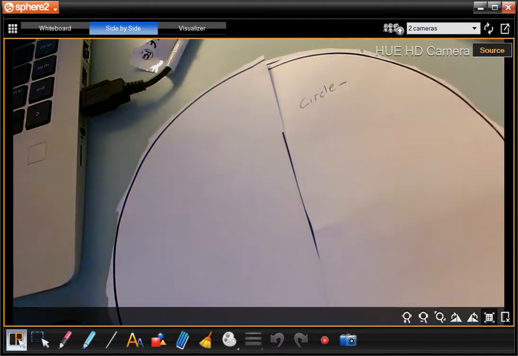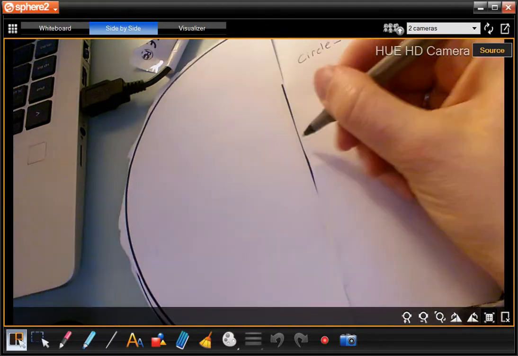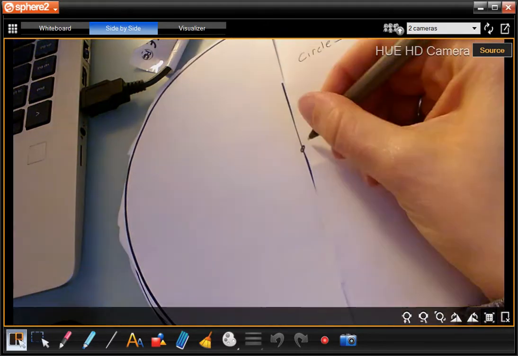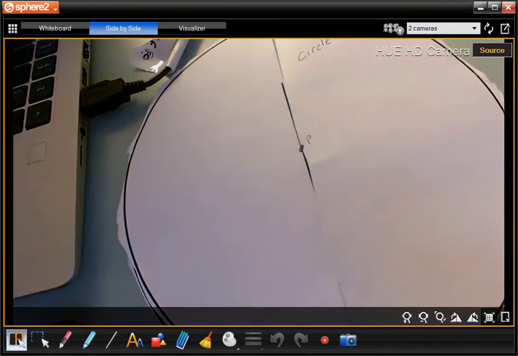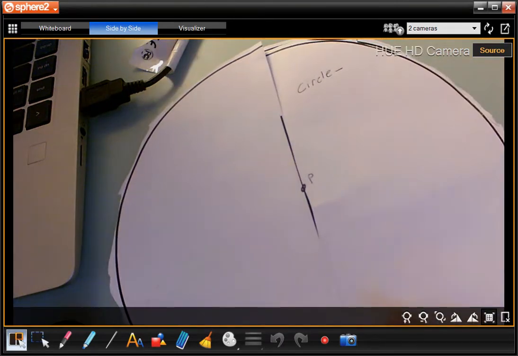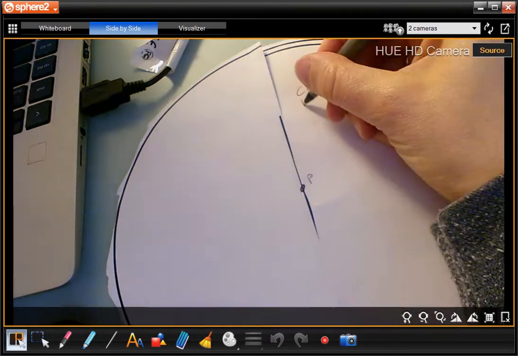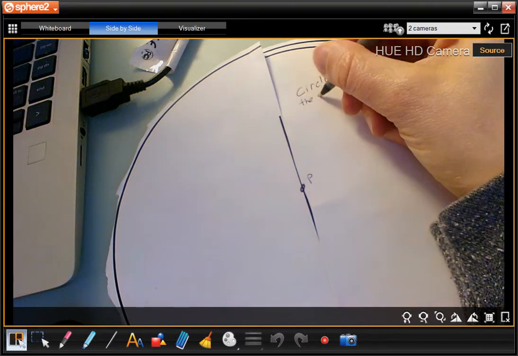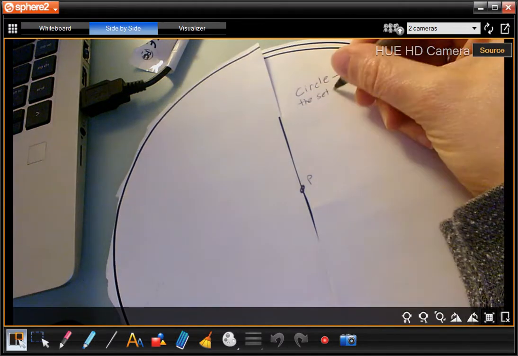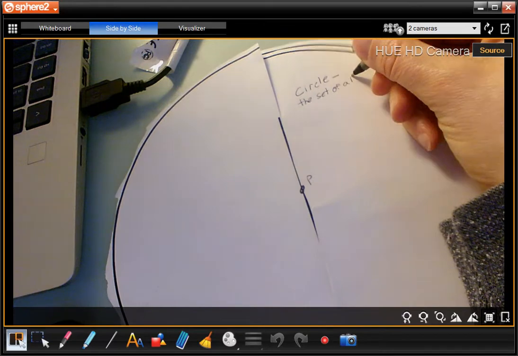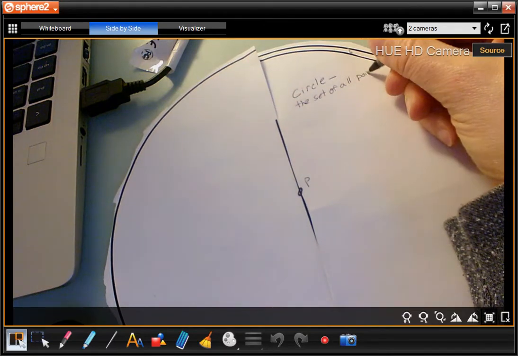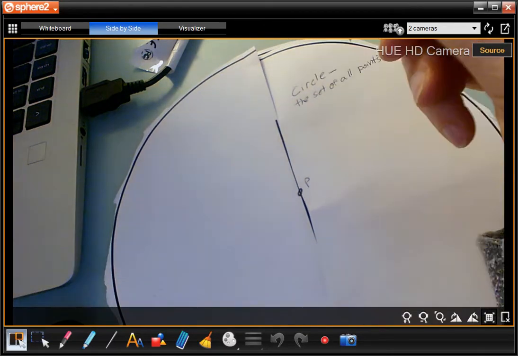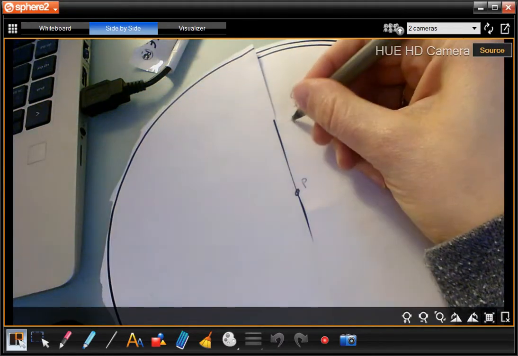Okay, so this is a circle, and if we had, let's say, the center right here, we can call this, I don't know, circle P. Call it whatever you want, though. It is the set of all points that are equidistant.